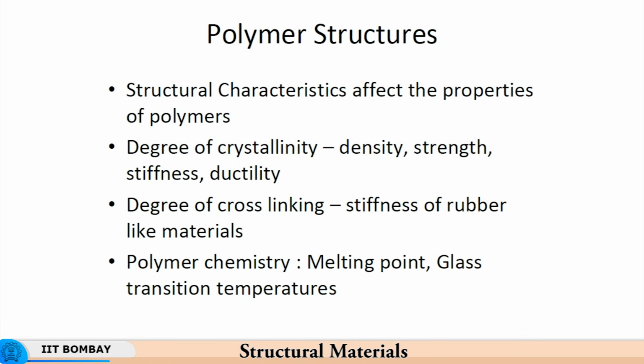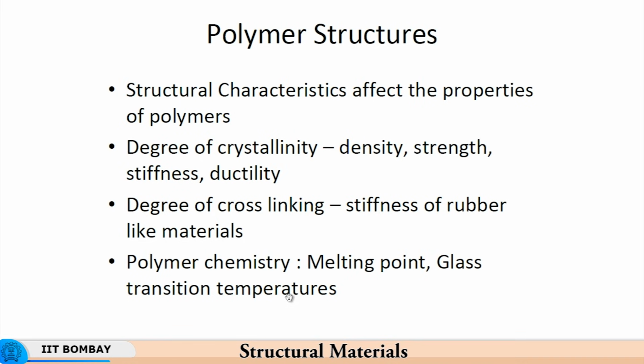Thermoplastics are similar to metals, they have a specific structure, and of course the melting point again depends on the molecular size, but they are amenable to deformation and so on. We will see the differences between thermoplastic and thermosetting materials as we go along.